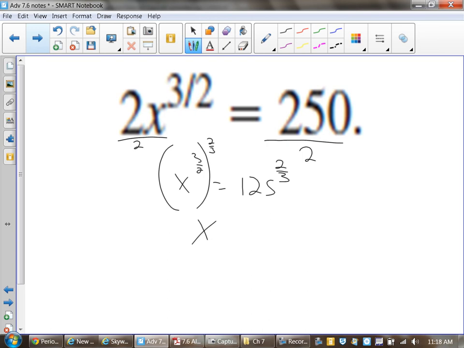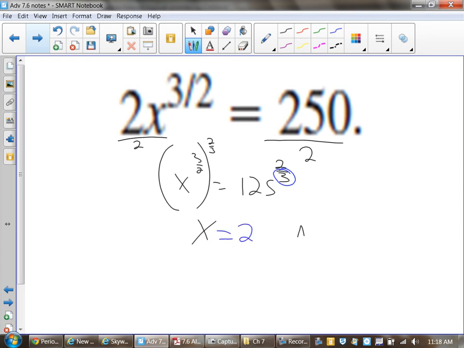And now your calculator has a fancy button that looks like that. You type it in, the little caret button, 125 to the, just throw it in parentheses, 2 divided by 3, it'll spit out an answer for you. It's 25. Remember, the way that this is read is that the denominator is the nth root, so it's the cube root of 125 squared.